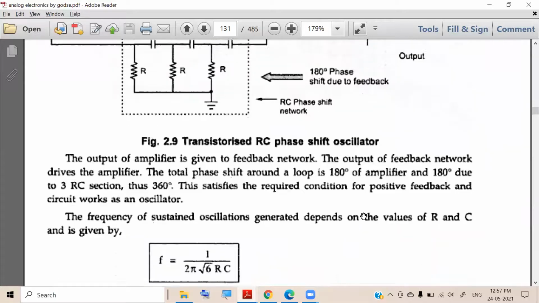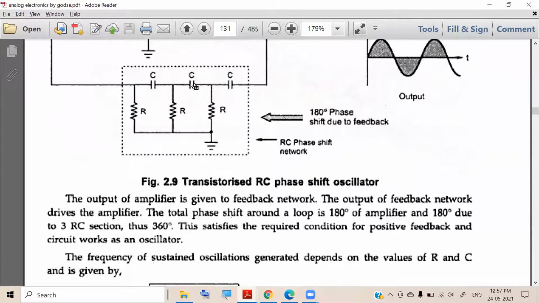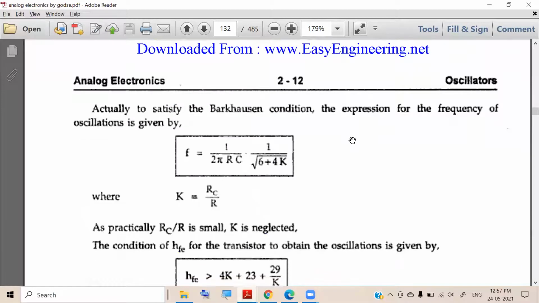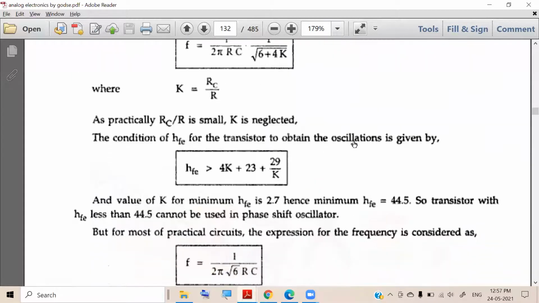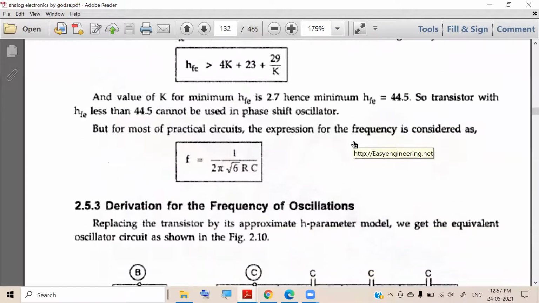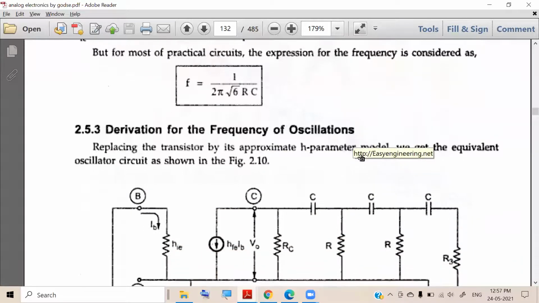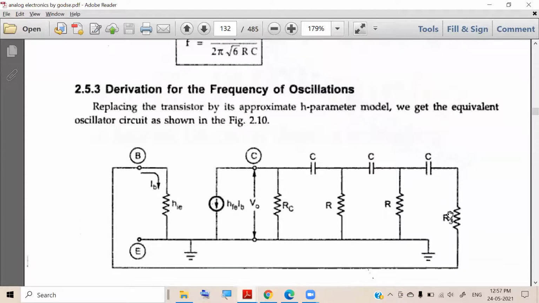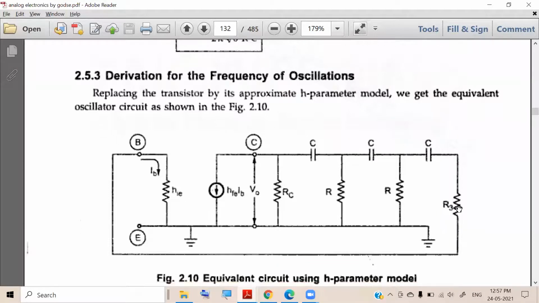But here, we will take CR, CR and CR3, some other value. Theoretically we should take CR, CR, CR, but practically, again this C equal to C, this R equal to R, and this C equal to these two C's, but we will take a different R.